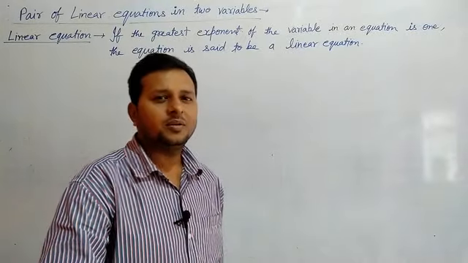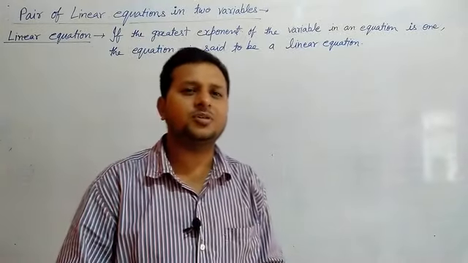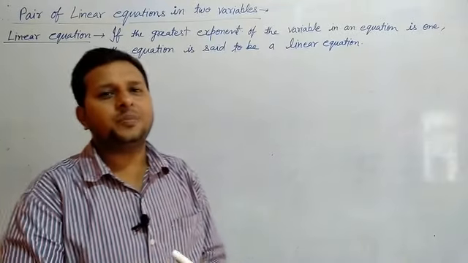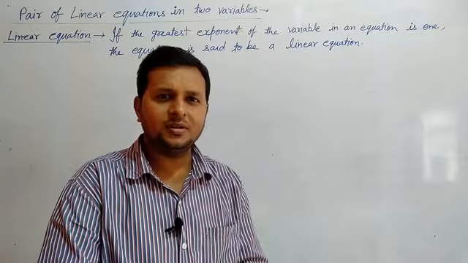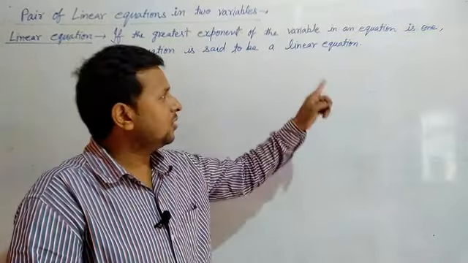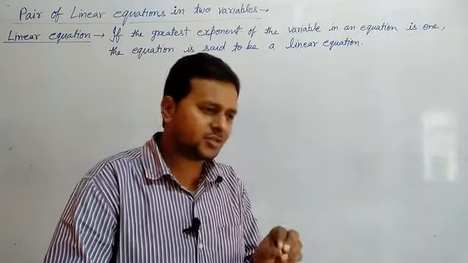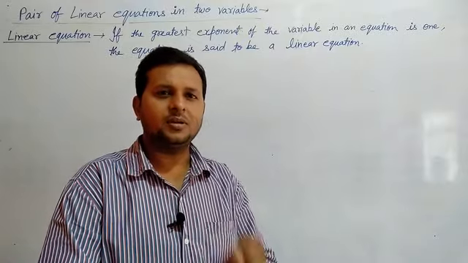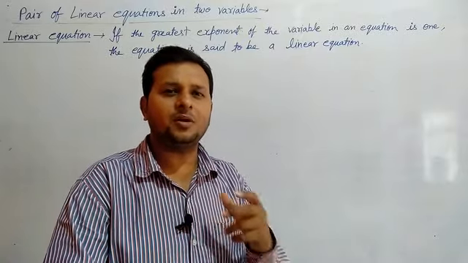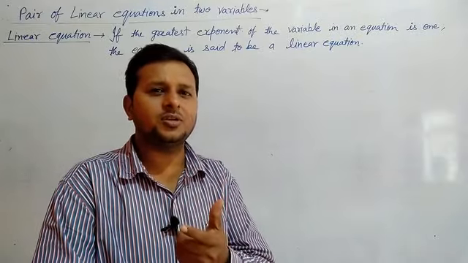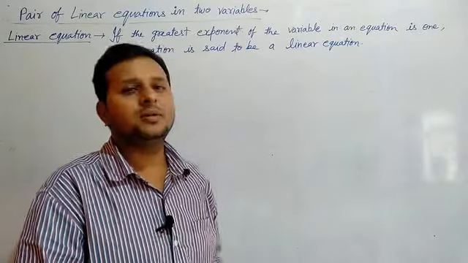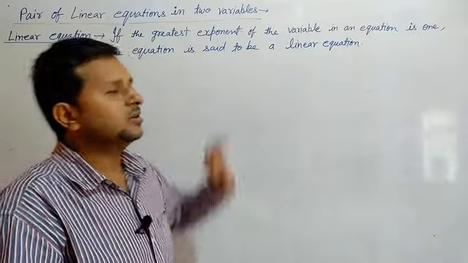It means when we write any equation, if the power of the variable, the highest exponent of the variable in the given equation, is 1, it is called a linear equation.